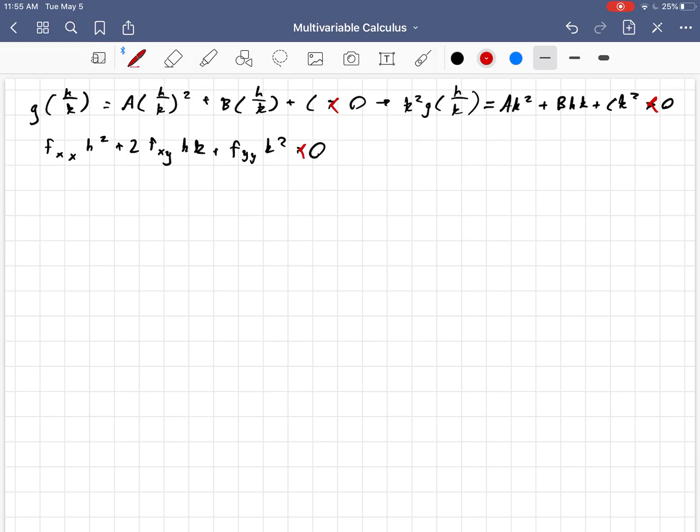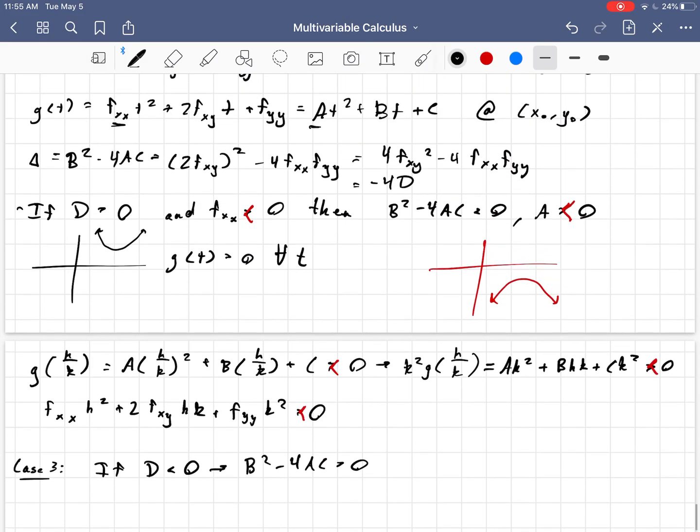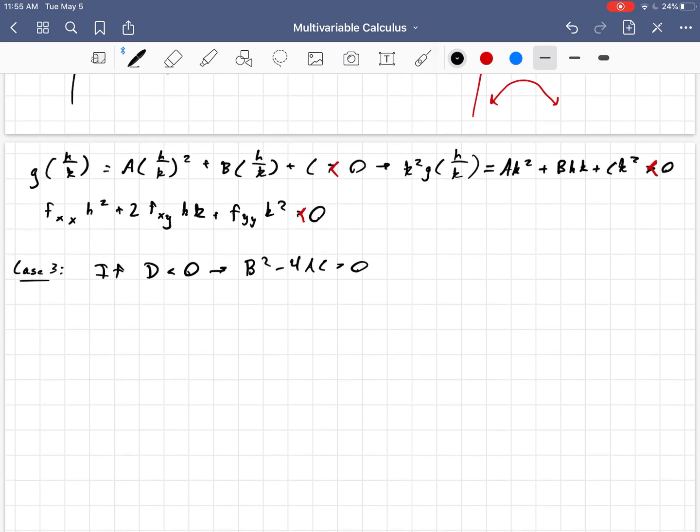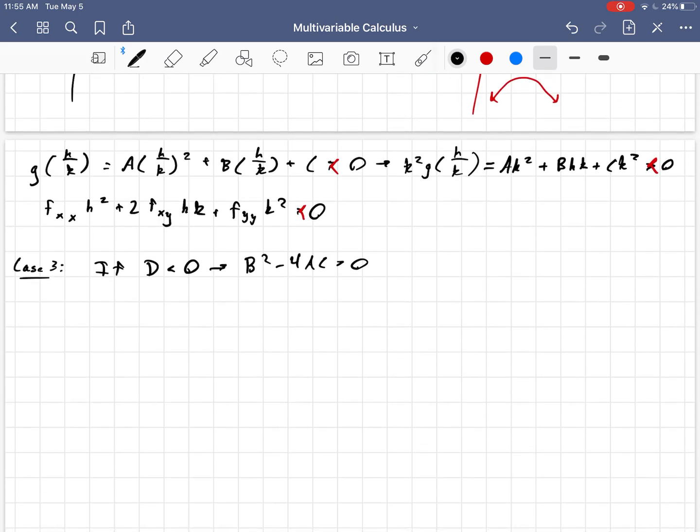Okay, so the third case that we need to consider is, case number 3, if we've got d being less than 0, then what this implies is that b squared minus 4ac is greater than 0, right? Because we had a negative 4d, so the sign gets flipped there. So b squared minus 4ac is greater than 0.